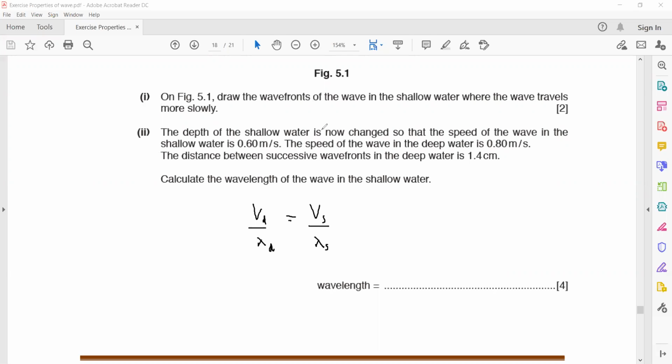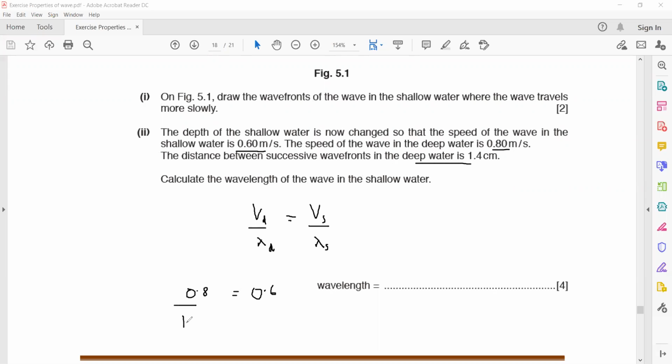So speed in the deep region, as you can see, the depth of the shallow water is now changed so that the speed of the wave in the shallow is 0.6. So in the shallow, it's 0.6. The speed of the wave in the deep is 0.8. The distance between the two successive wavefronts in the deep region is 1.4.